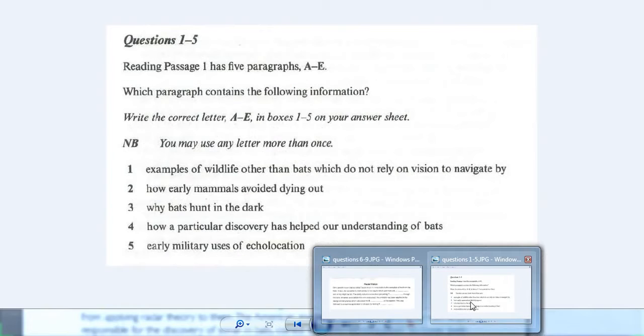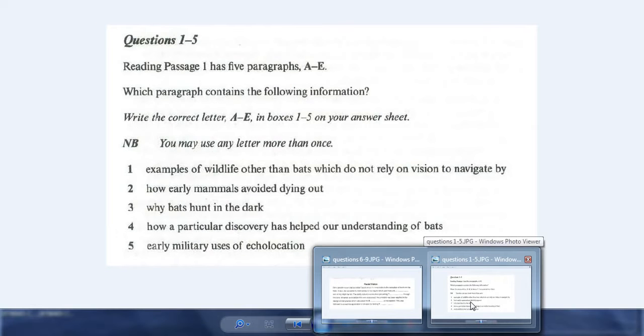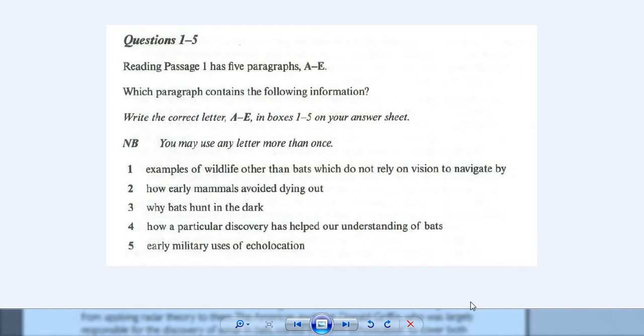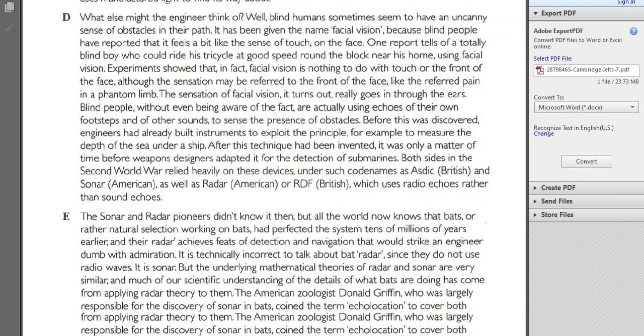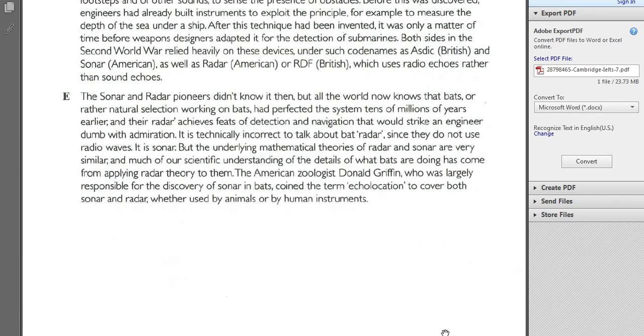Okay, let's look at another one. Here's one. How a particular discovery. Discovery is a pretty key word here, I would say. Discovery really stands out to me. And I remember that this exact word, when I got the overview, I saw the word discovery.